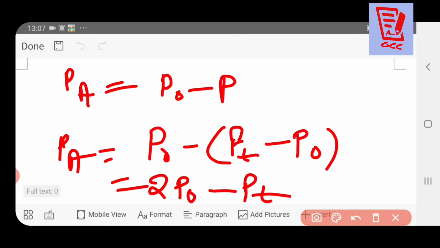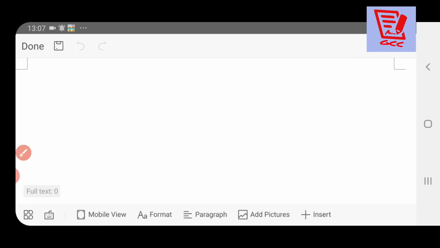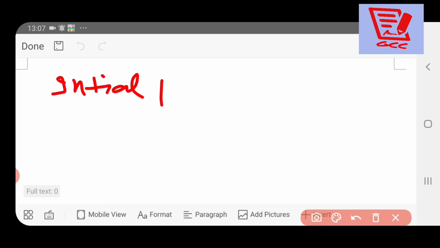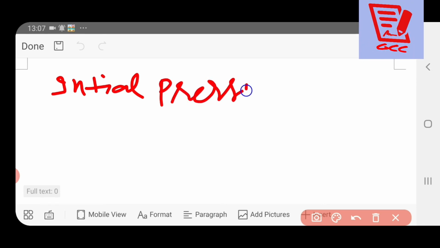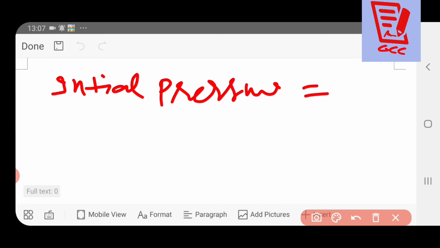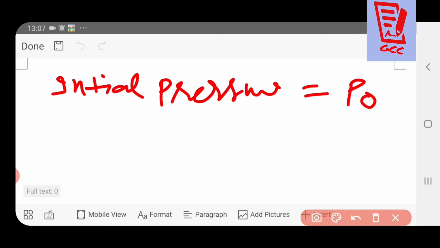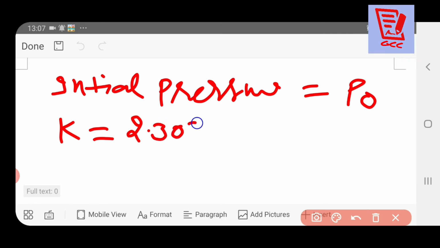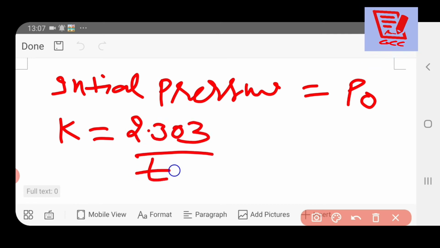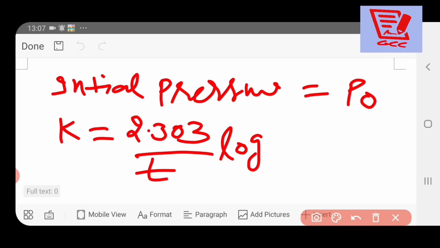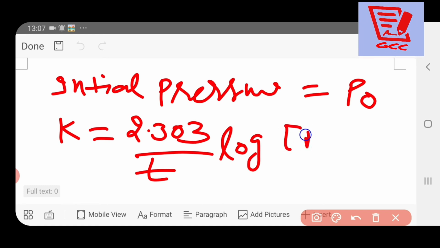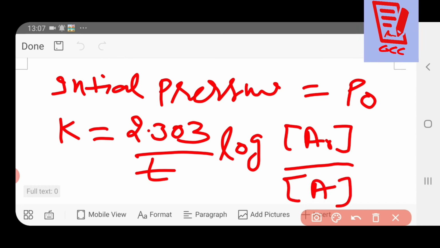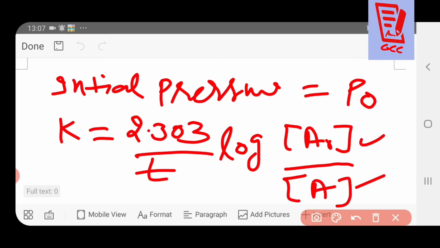Is that clear? And the initial pressure, everybody knows, is P naught. And what is the formula for a first order reaction? Usually we write K is equal to 2.303 by t log of A naught upon A. A naught is the initial concentration, A is the final concentration.